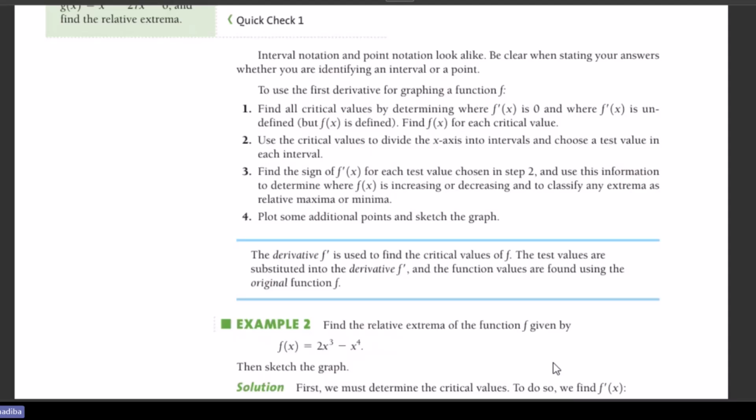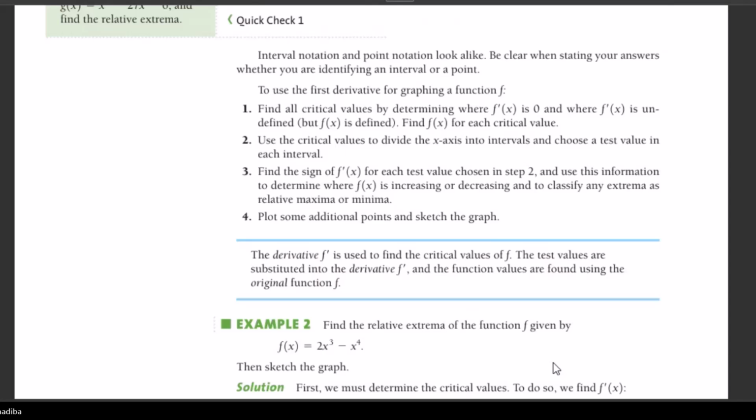Now, the next thing is to put this equal to 0. So we've got 6x squared minus 4x cubed equals 0. We agree? Yes, sir. Okay, no, let me not tell you. Please tell me. Then you tell me. From here, where did you go and what did you find?